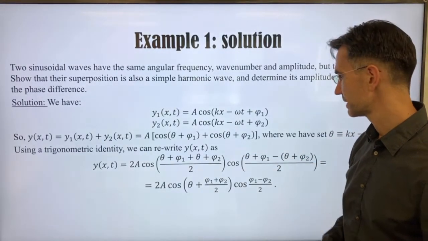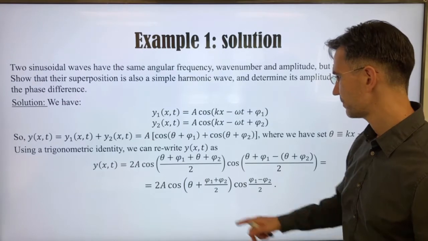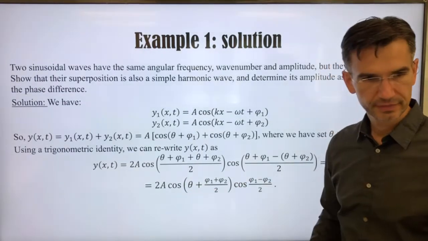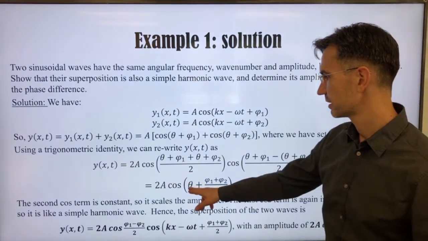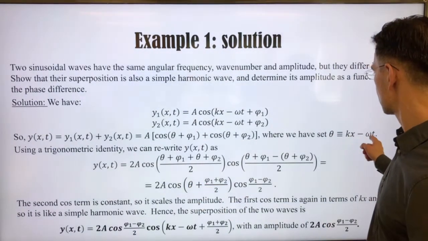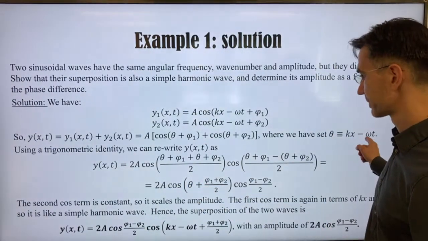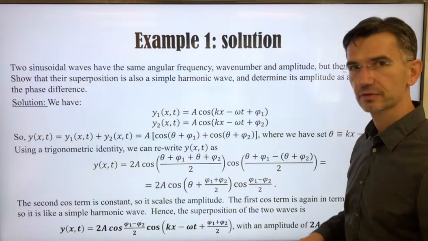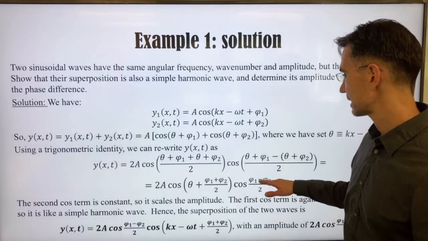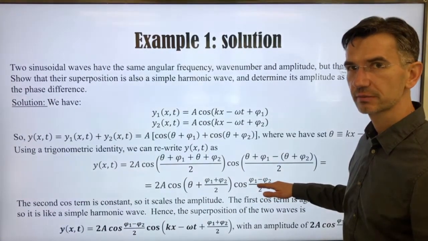So here's what we see now. This factor still has theta, so it is still dependent on x and time. But the other factor is only a cosine of the phase difference over 2, and it is not dependent on position or time; it's constant.